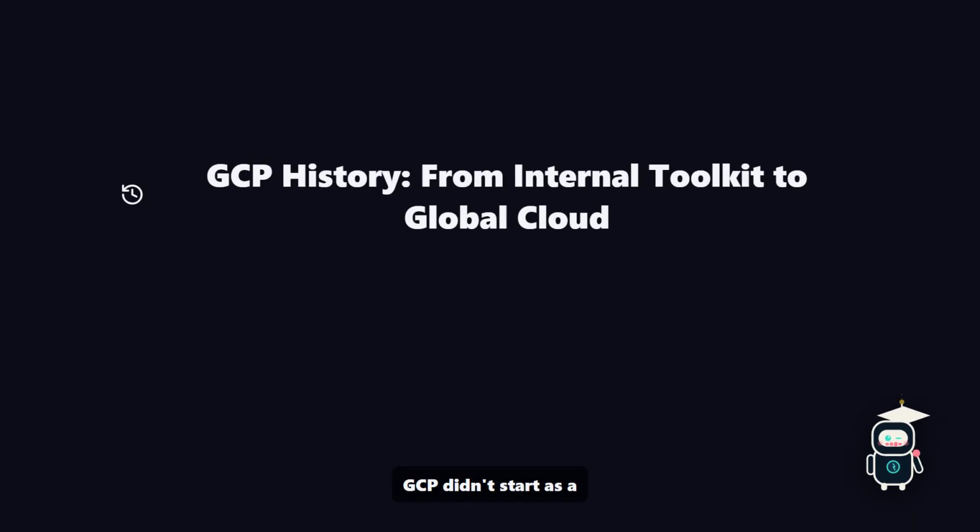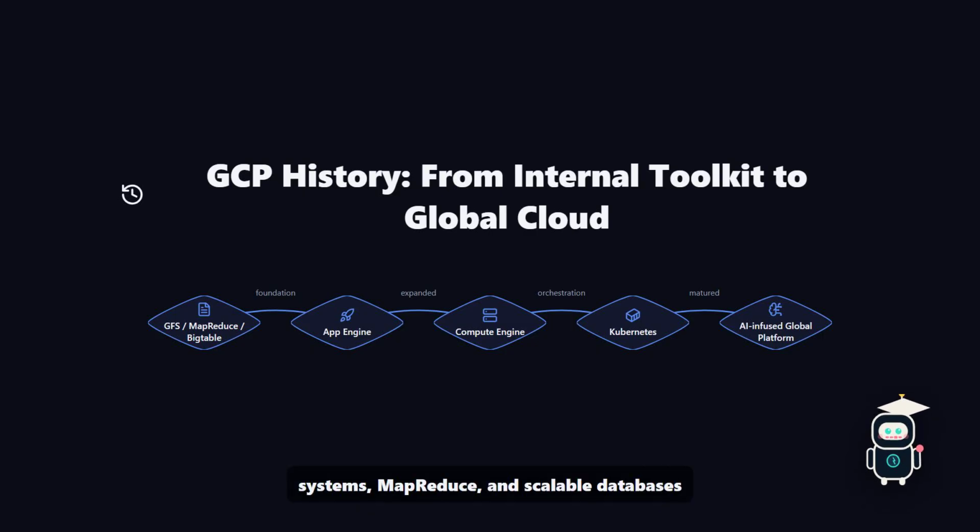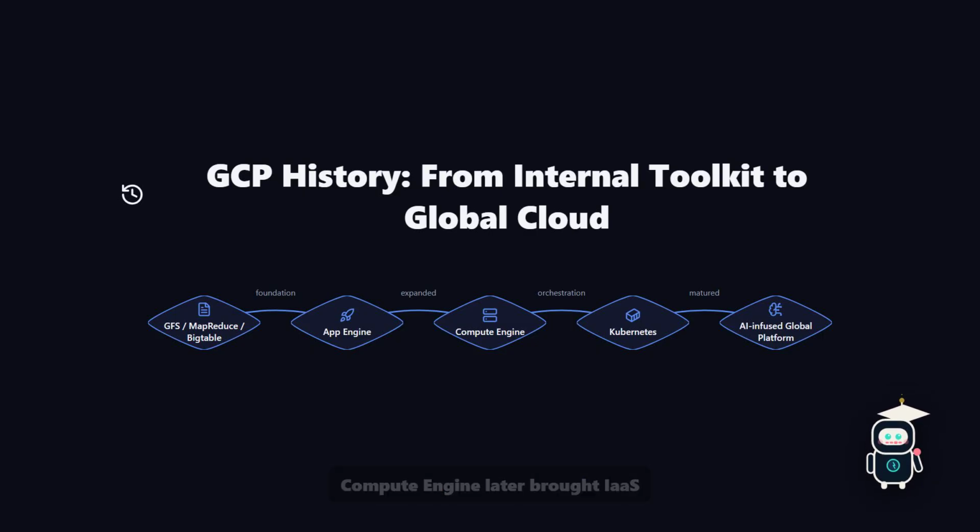GCP didn't start as a cloud platform. It began as Google's internal tooling. Early research papers on distributed file systems, MapReduce, and scalable databases laid the big data foundation. App Engine, introduced early on, opened the platform to external developers. Compute Engine later brought IaaS capabilities directly to enterprises.